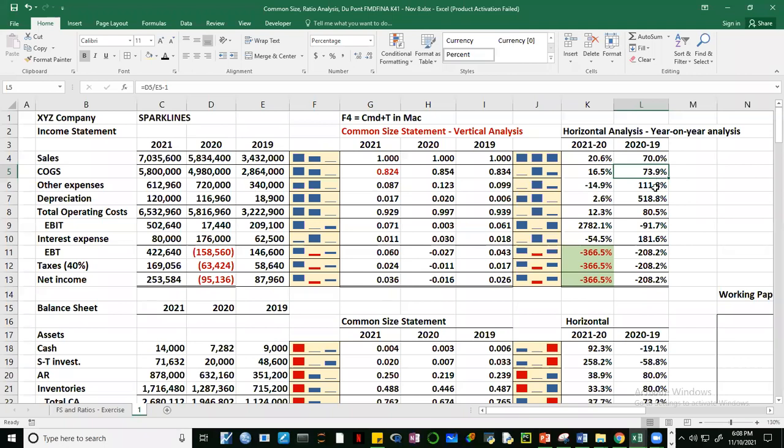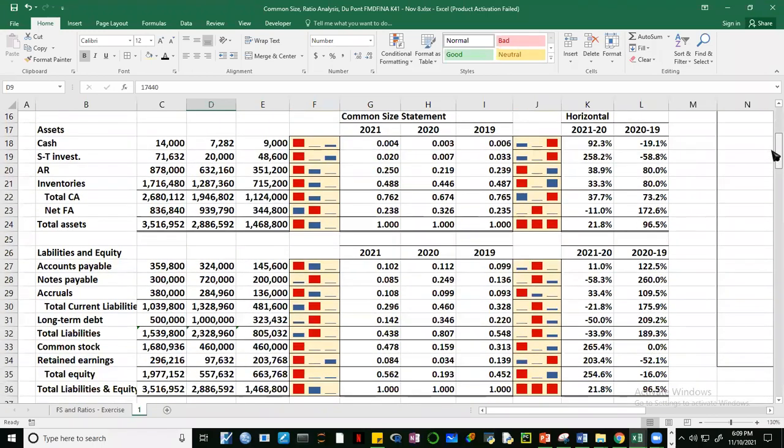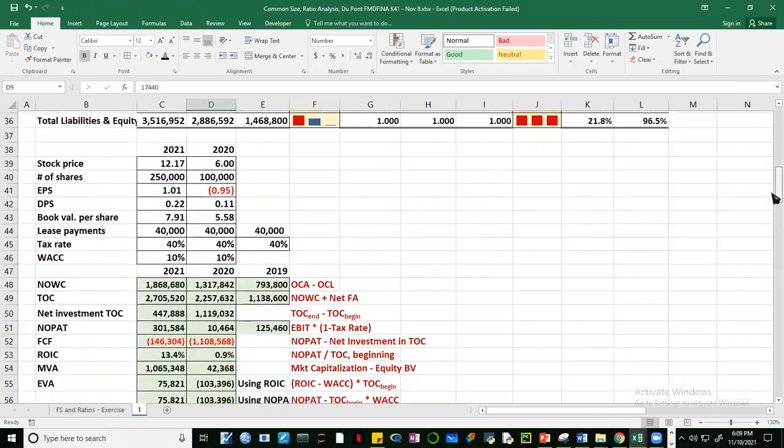Okay, other expenses more than doubled. Okay, depreciation, that's understandable kasi nag-invest ng malaki sa property, plant, and equipment. Okay, so EBIT went down by 91.7% compared to 2019. 209 dito, tapos yung EBIT 17,440 na lang. So that it was a big decrease in terms of operating profit.